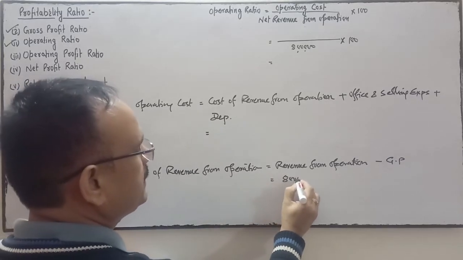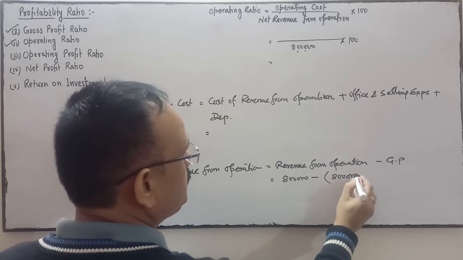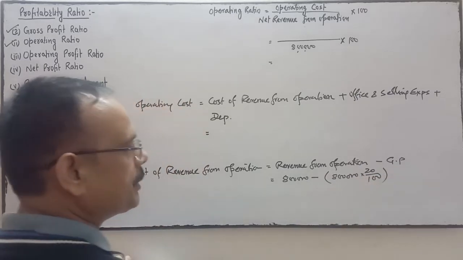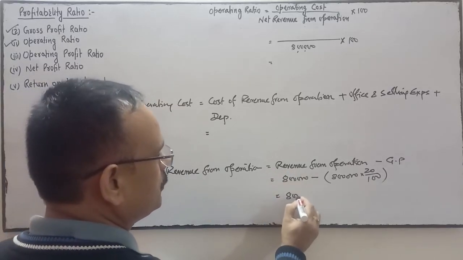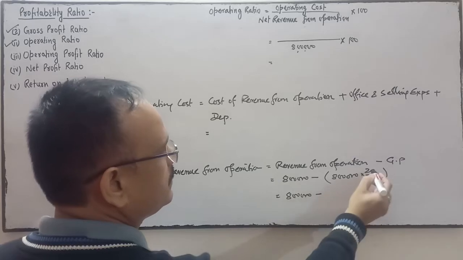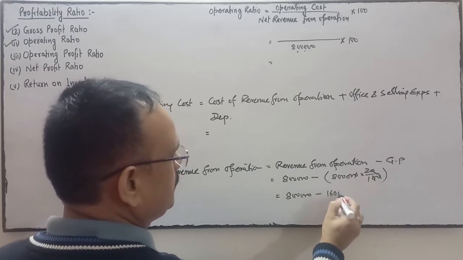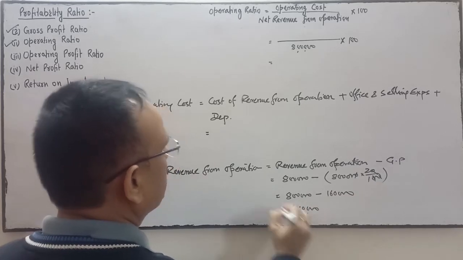Revenue from operation is 8 lakh minus GP, which is 20% of revenue from operation. So 8 lakh minus 1,60,000, it is 6,40,000.